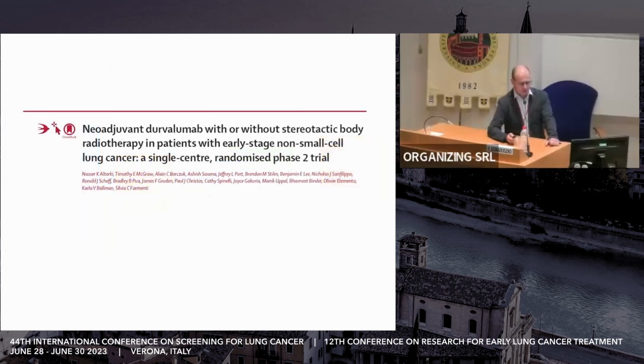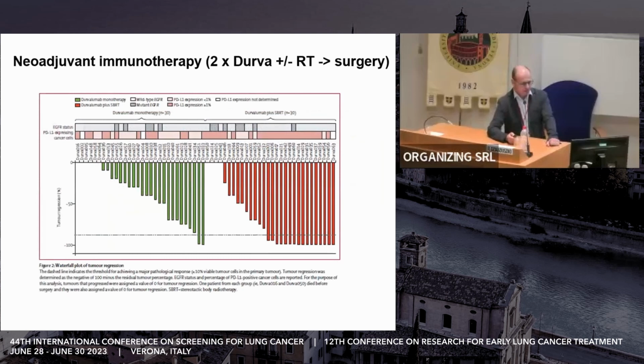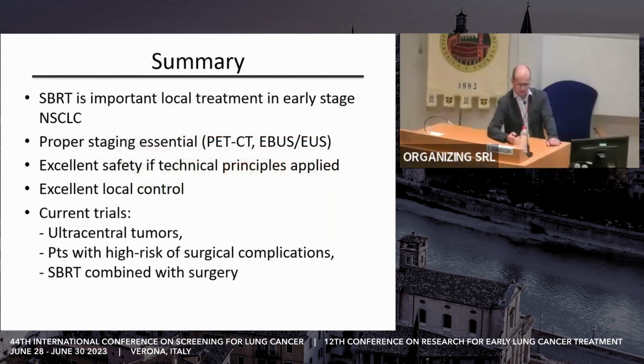Another important study was a randomized phase 2 study presented by Dr. Altorki and colleagues with neoadjuvant immunotherapy, just 2 cycles of durvalumab, plus or minus SBRT, 3 times 8 grays, the dose that we would not use with SBRT alone because of the suboptimal biologically effective dose, followed by surgery.